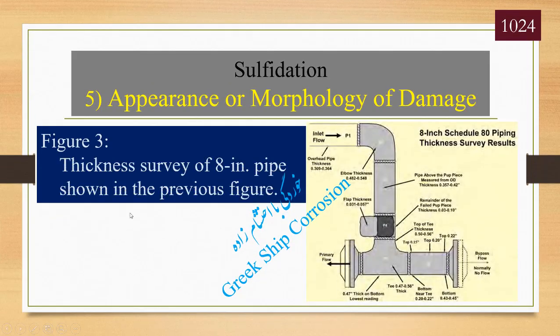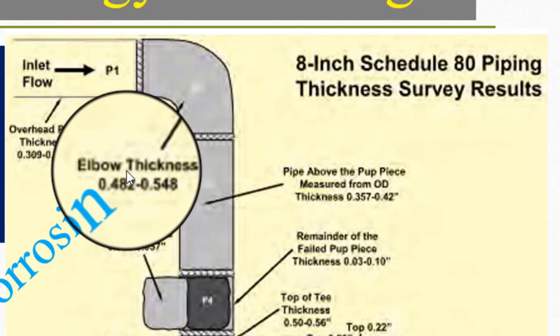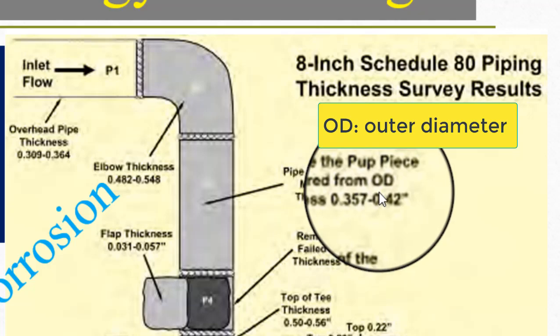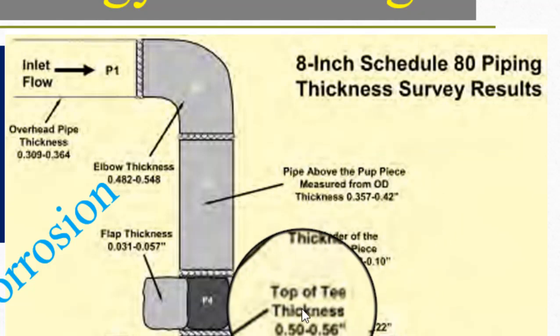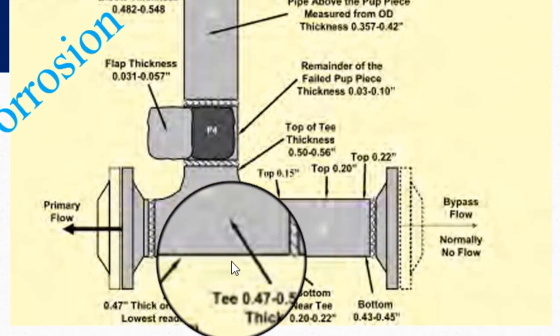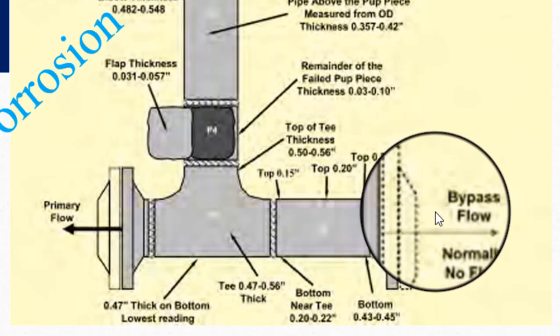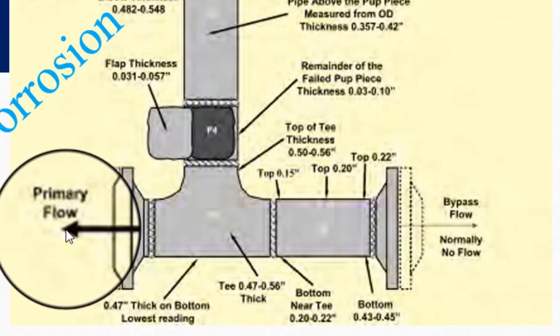Figure 3. Thickness survey of 8-inch pipe shown in the previous figure. Overhead pipe, elbow, pipe above the pop piece measured from OD, remainder of the failed pop piece, top of T, T, bottom near T, bypass flow, and primary flow.